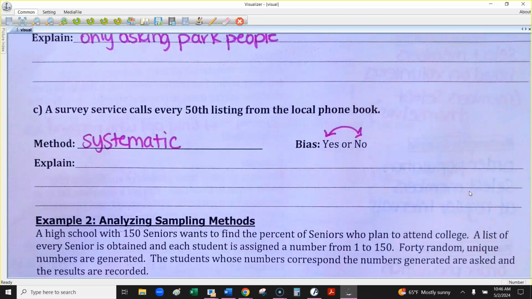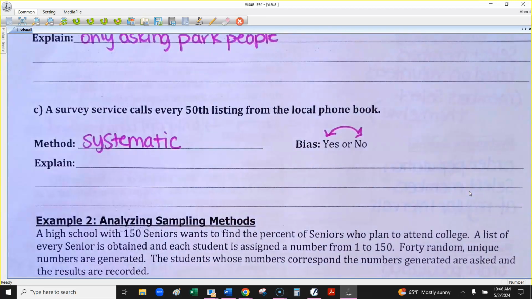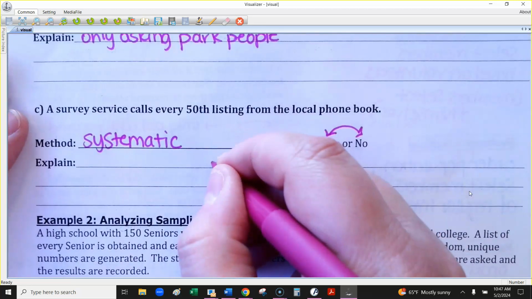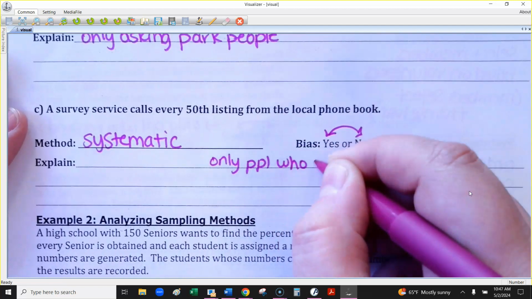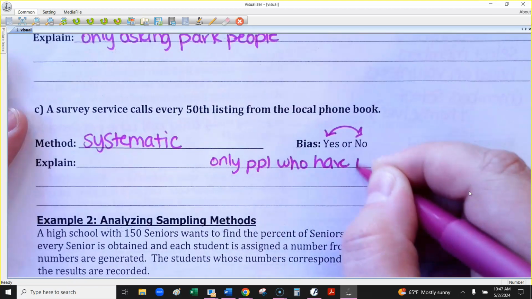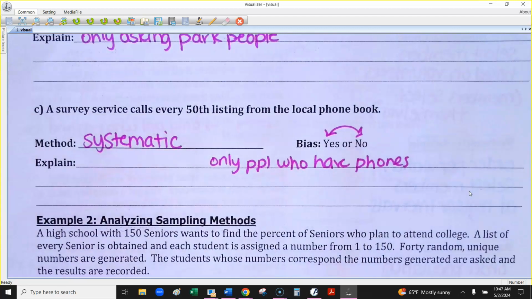That's what I was going to go with. Of the three, this is probably the best, but I could argue both ways. If you told me no, this is good, I would give you credit for that. But I'd also have you think, this is only for people who have phones. So if you didn't have a phone, you'd be underrepresented here. But I would take either argument, as long as you can defend your answer, we're good.